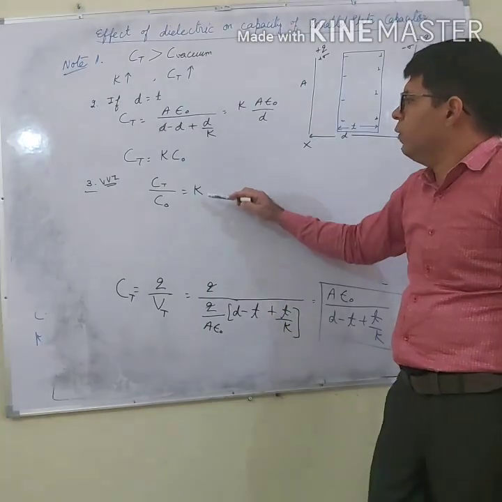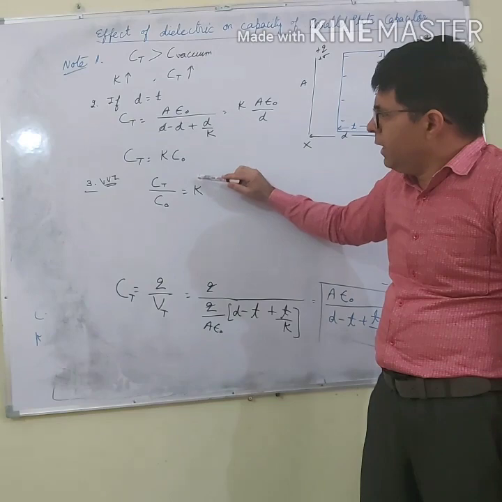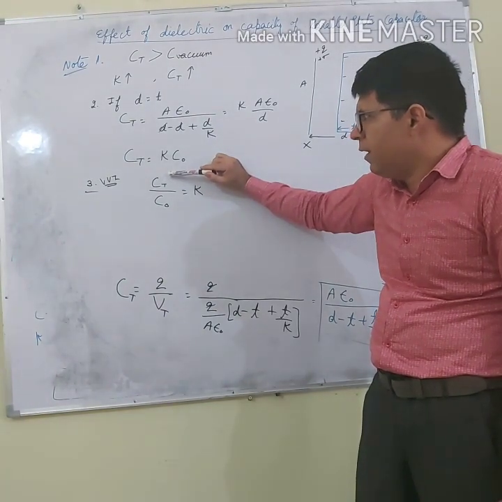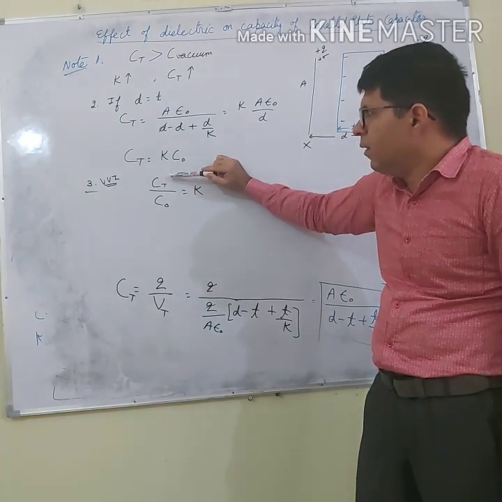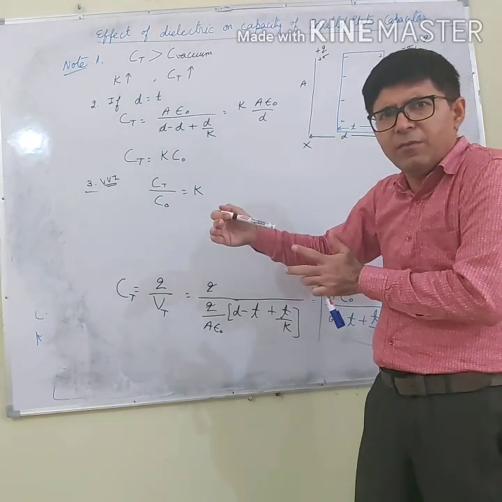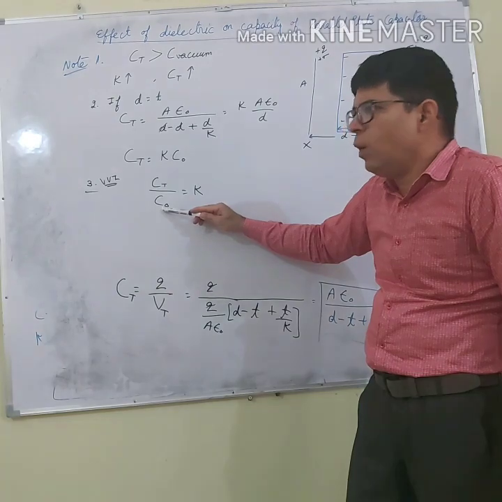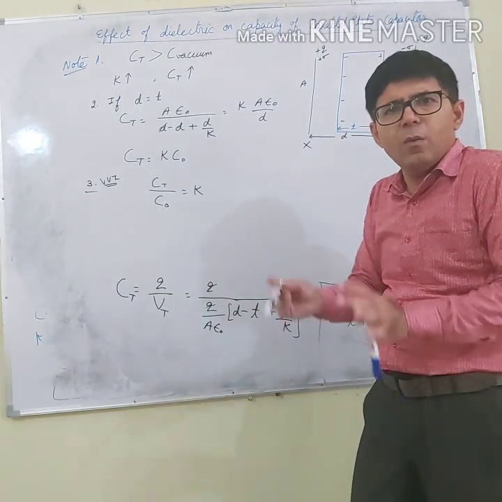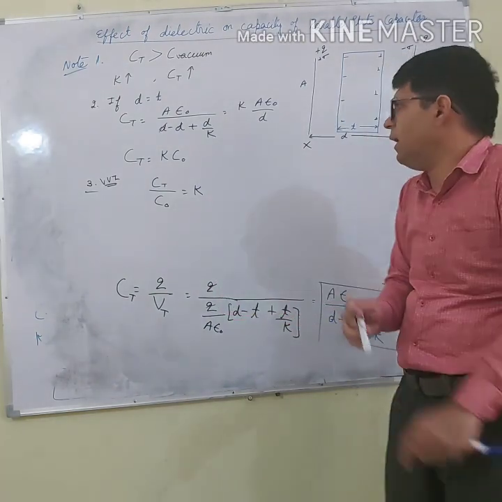So the dielectric constant of a medium can be defined as the ratio of the capacity of a capacitor when a dielectric slab is introduced between its plates to the capacity of the same capacitor when there is free space between the plates.